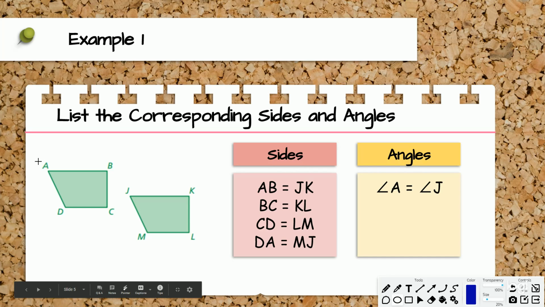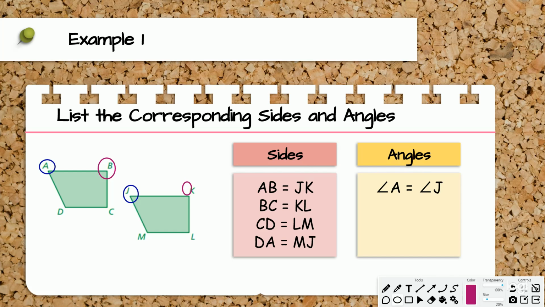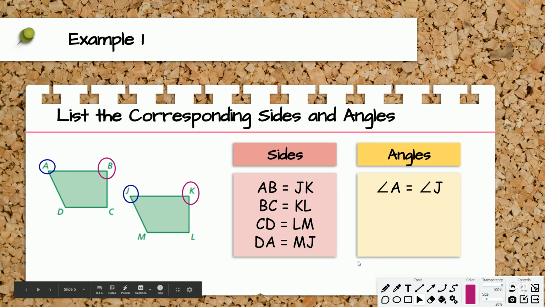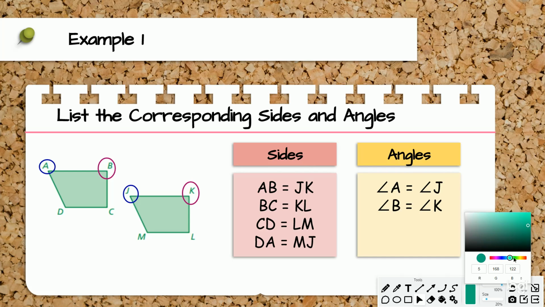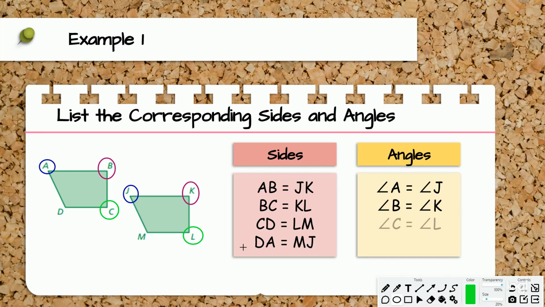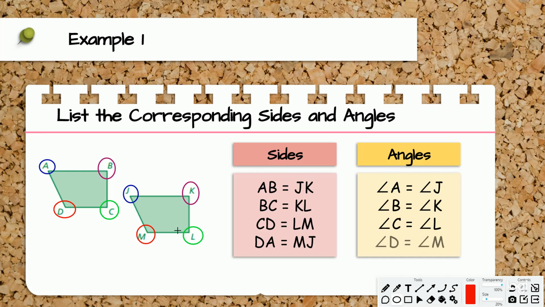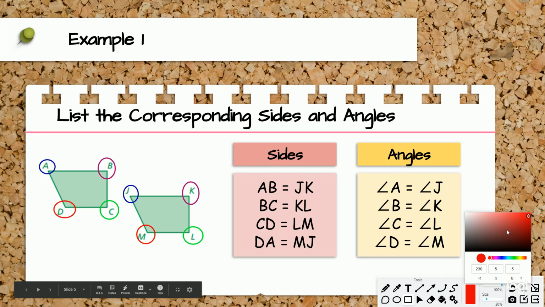So the first angle we have is angle A, which is equal to angle J. And then we have angle B, which is equal to angle K. And then we're going to have angle C with angle L. And then the last one is angle D and angle M. So if it's asking you to list the corresponding sides and angles, you're going to put down the angles just like they have right here.